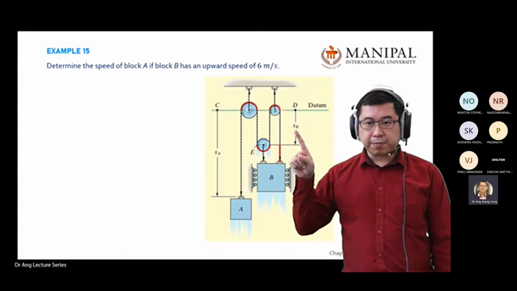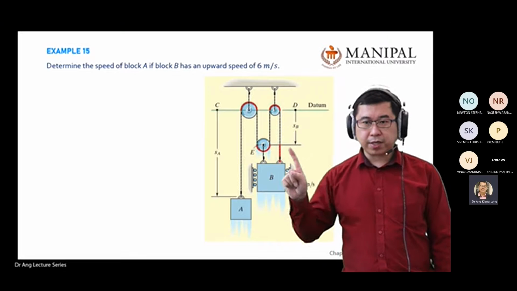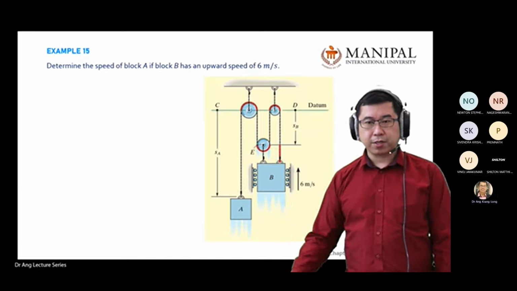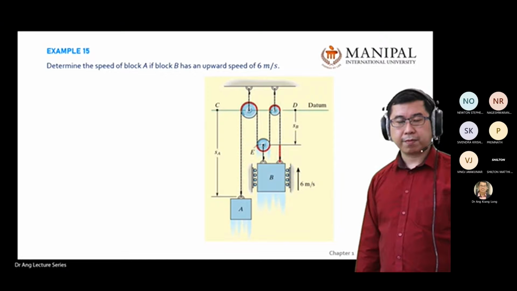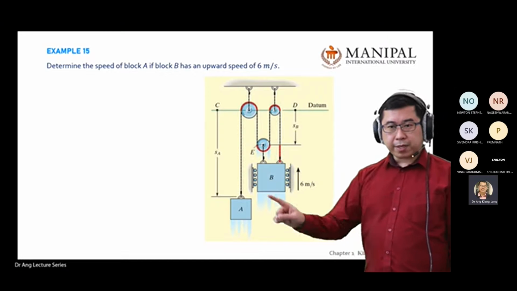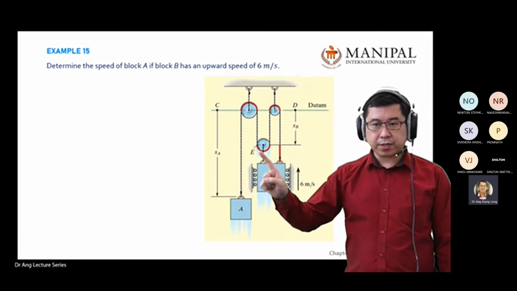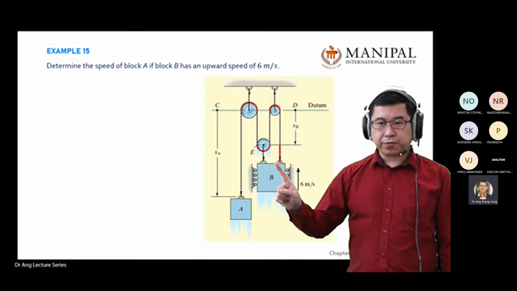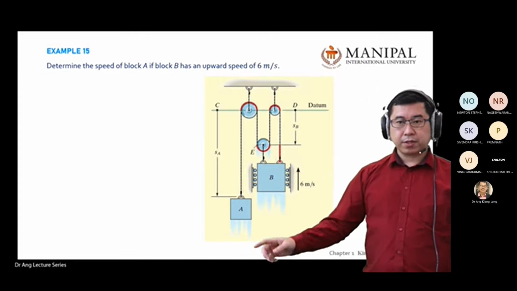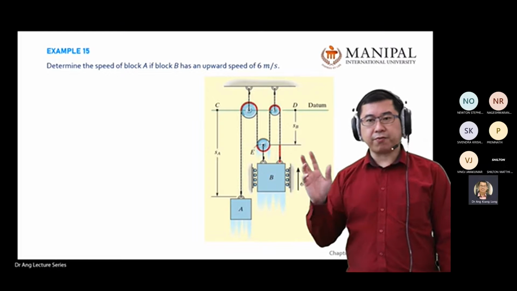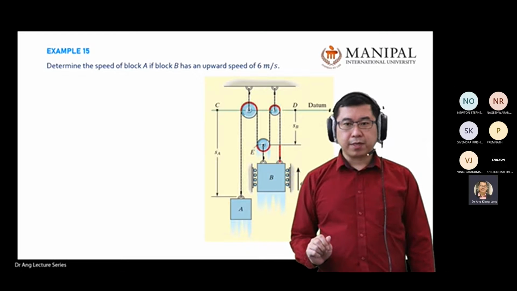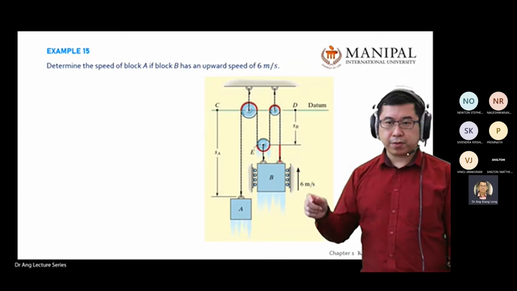And sorry, SB is from here to here. So going down is positive. Then all the red color you can ignore because they are always fixed, so it doesn't help you when you calculate the velocity. Later on, it will still become 0.